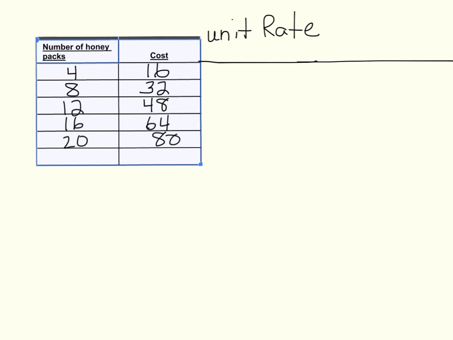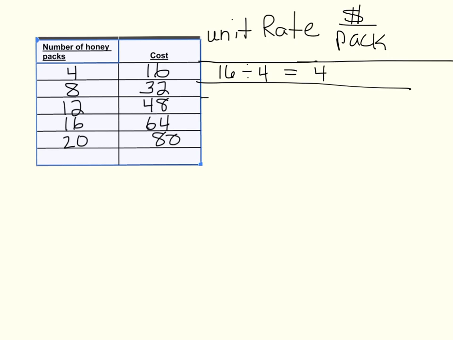The unit rate that I want, I think, is how much it costs per pack. So I'm starting with my words here, cost per pack. So that means I'm going to take the cost and divide by the number of packs. So this one would be 16 divided by 4 is 4, and so on and so forth. Continue the table, press pause, finish the table, and then press play to check your answers.